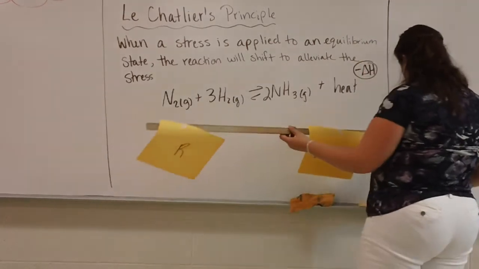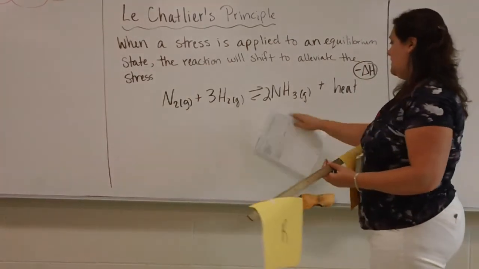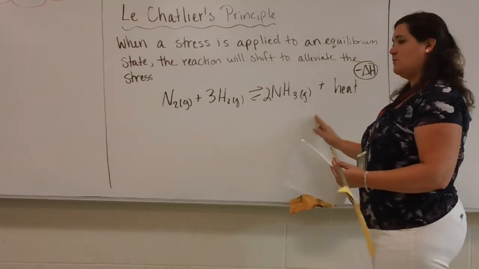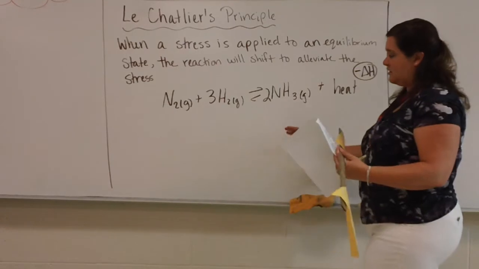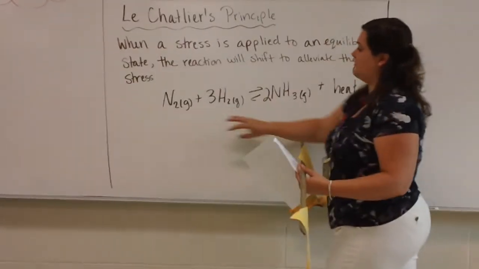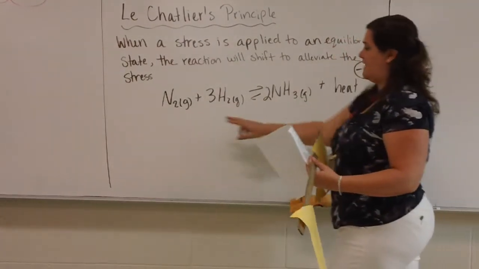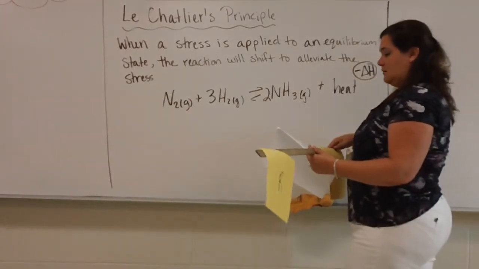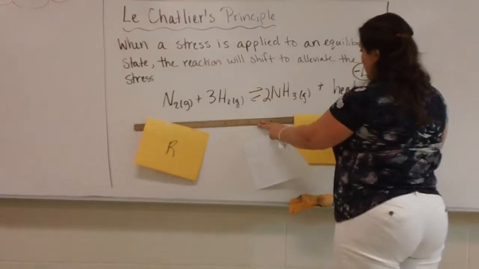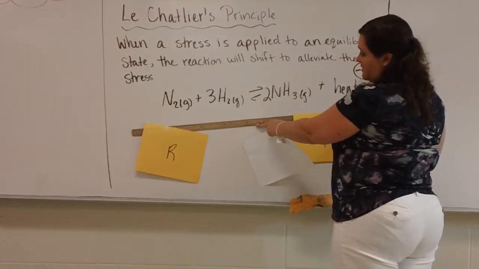And how does that then affect the concentration of the products? Well, if we're shifting towards the products, you're going to increase your products, and you're going to be using your reactants. So the reactants are going to go down, your products are going to go up. All right, so what happens if we remove nitrogen? Let's say some nitrogen jumps off the seesaw.